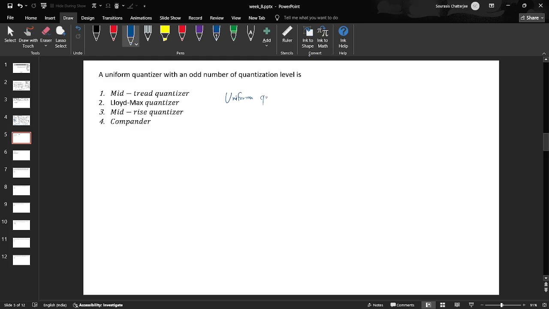So we are going to discuss a uniform quantizer with 5 quantization levels.